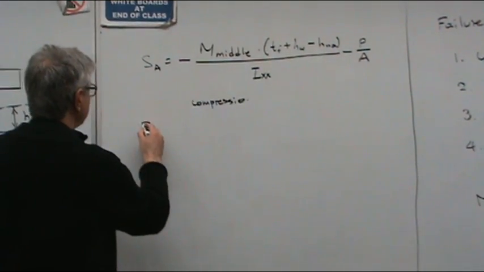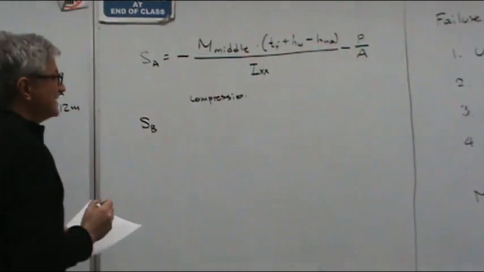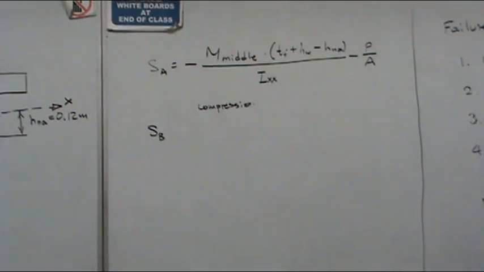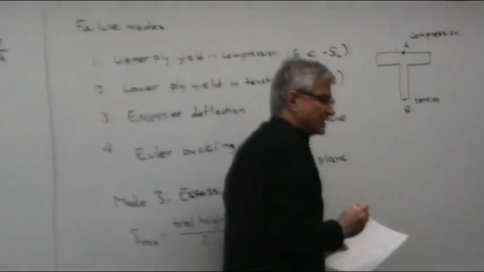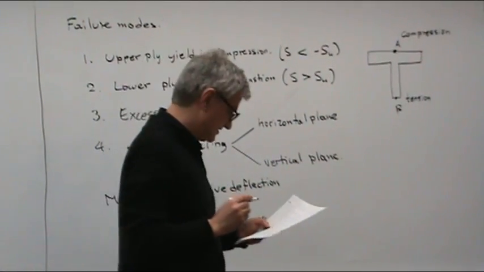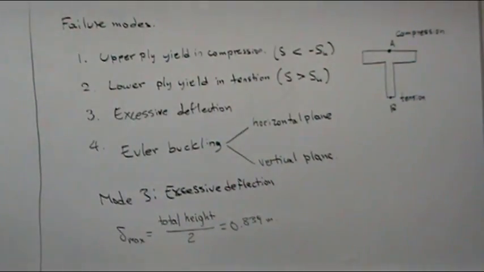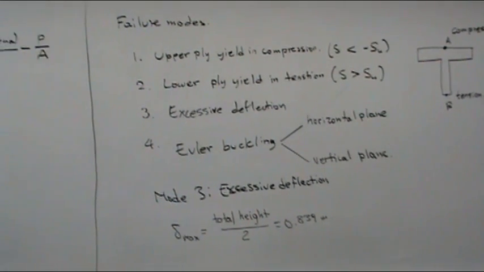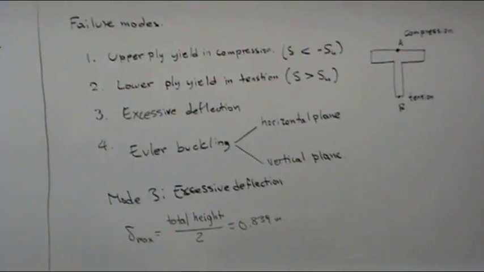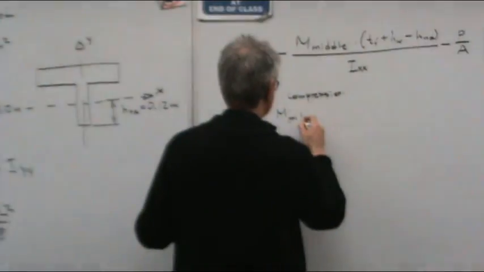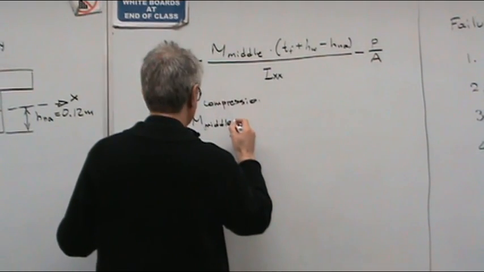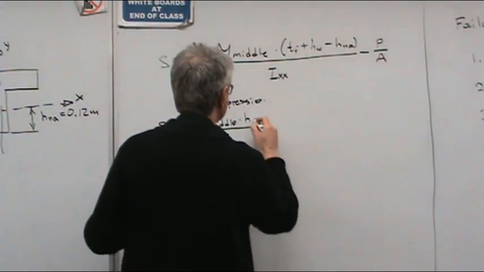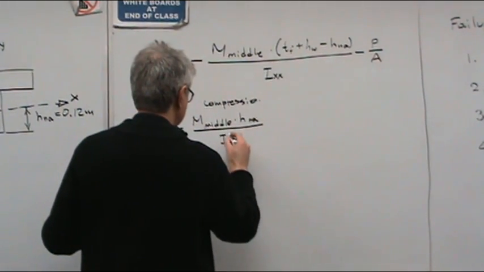We have the tensile stress at the bottom. So this is point B, and we have a tensile stress. The tensile stress is the moment at the midpoint times the height of the neutral axis divided by the moment of inertia.